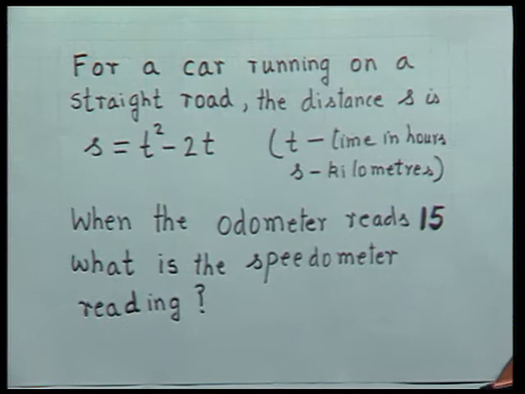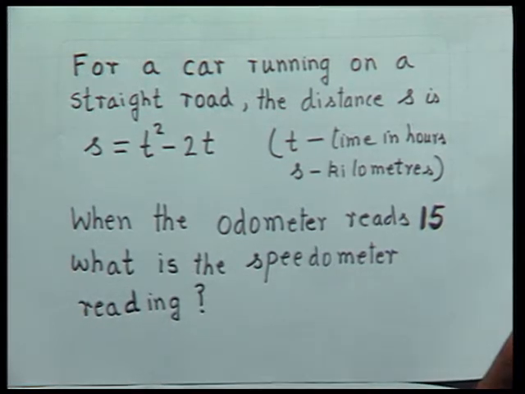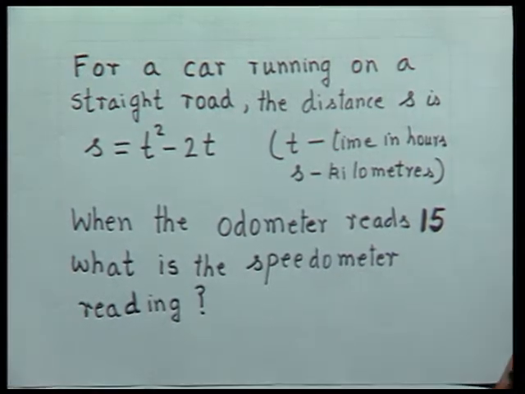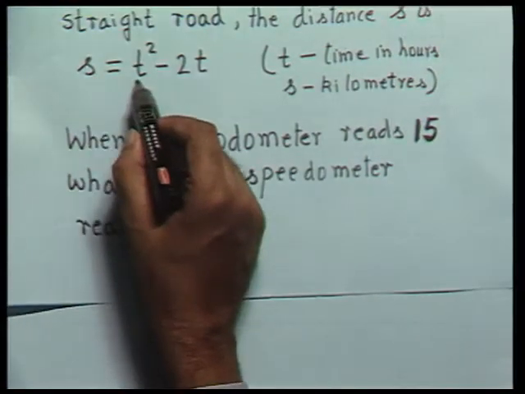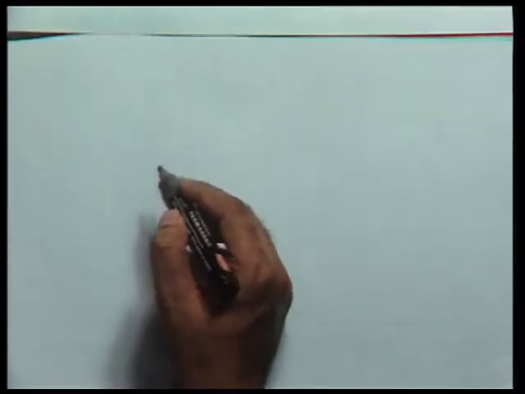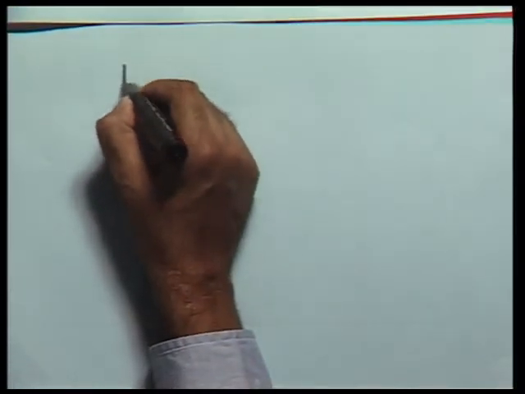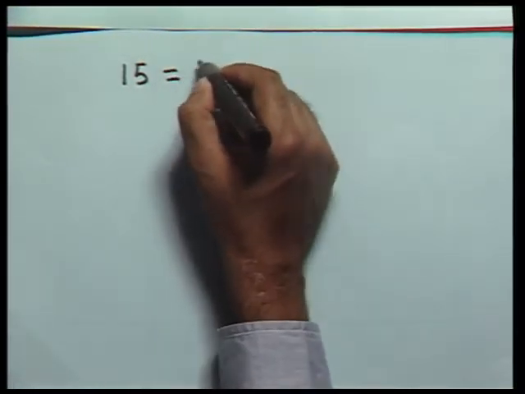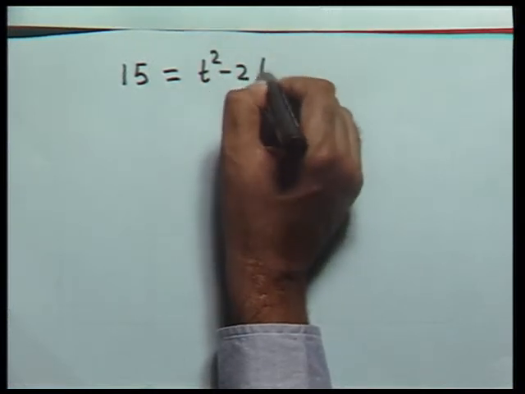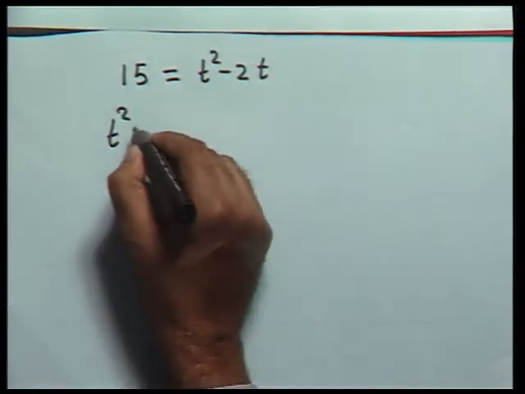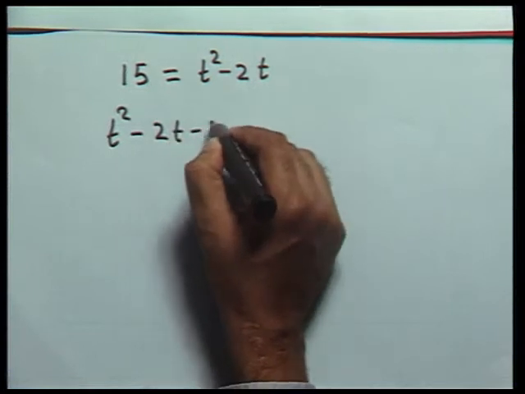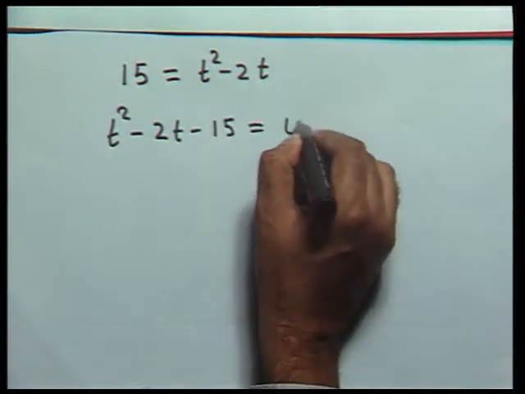Well, we first need to find out if the car has traveled 15 kilometers, how much time did it take to do that, or when it is at the distance 15, what is the instant of time? So, by the expression s equal to t squared minus twice t, I get 15 is equal to t squared minus twice t, or t squared minus twice t minus 15 is equal to 0.